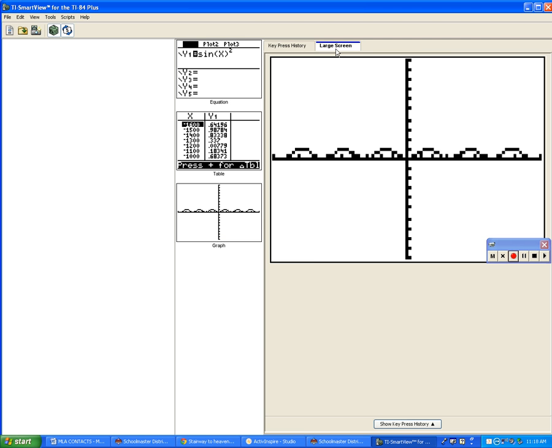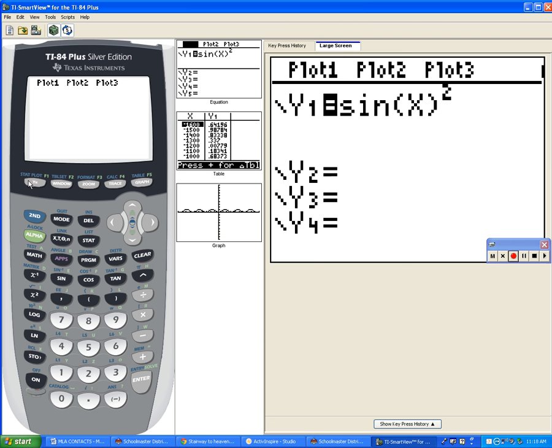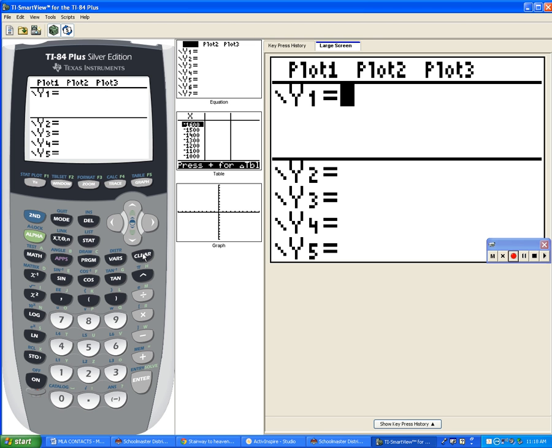Cool. All right. So what we're going to do is graph both of those. So go y equals, and then type in the first one. The first one starts with a negative x squared. Hopefully you remember that it is very important that if it starts with a negative, you have to use the negative button. You cannot use the minus button, you will get an error.